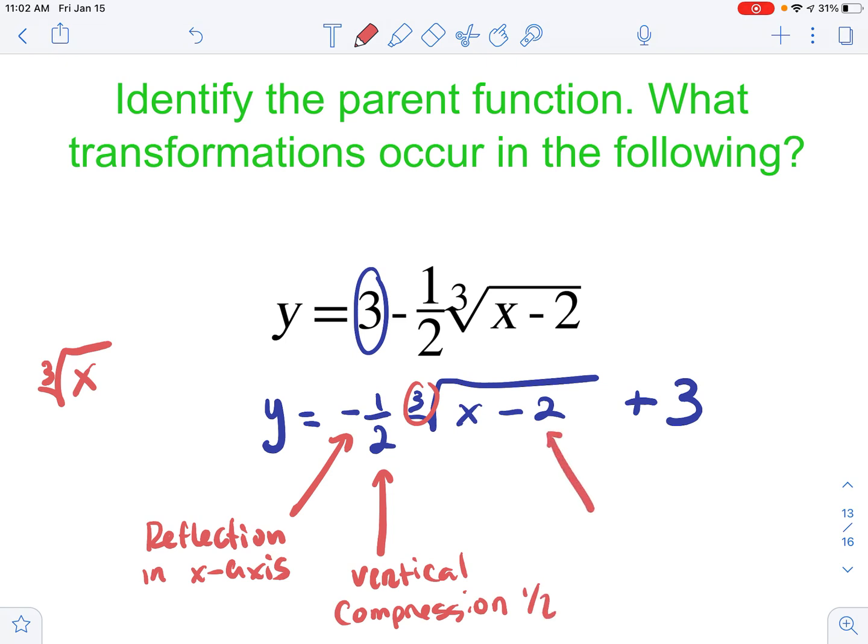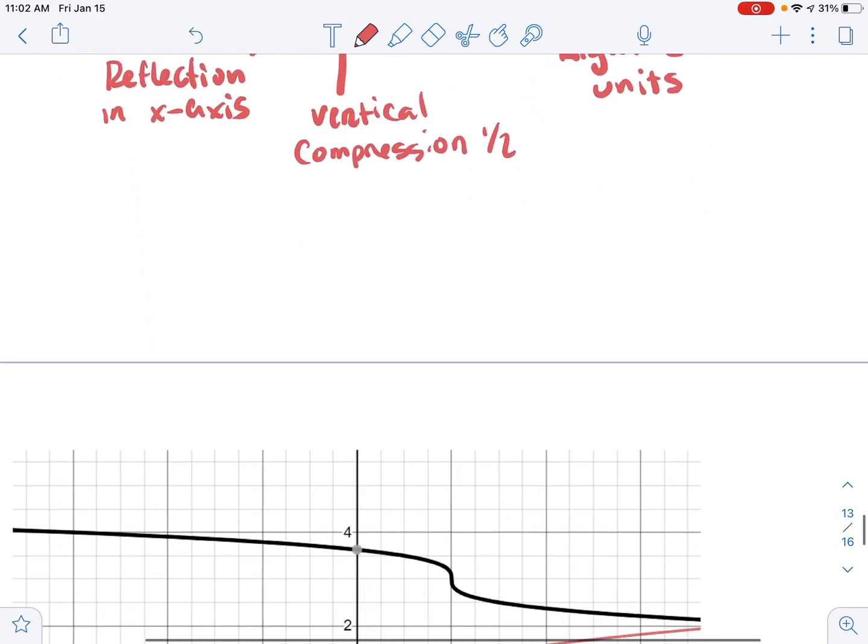This -2 on the inside, remember, inside is going in the opposite direction, so it should be towards the positives, is telling me I'm moving to the right 2 units. And this 3 on the outside is telling me that I am going up 3 units. So if you can identify each transformation just based off the numbers, you're going to save yourself a lot of trouble as you do these questions.